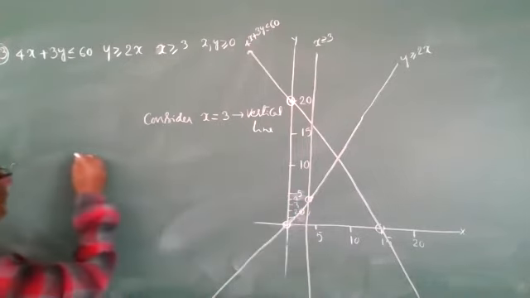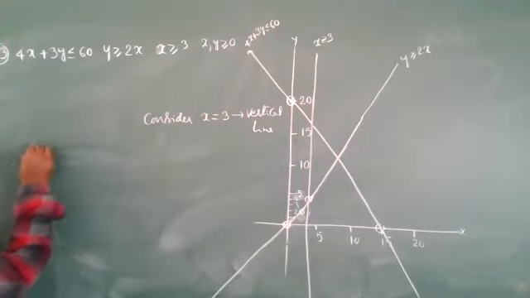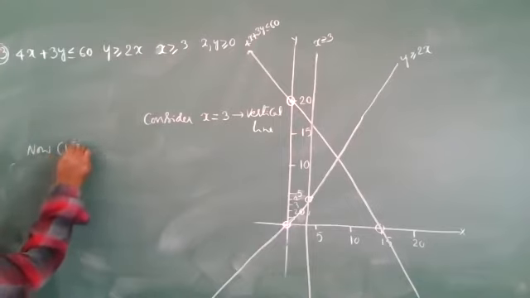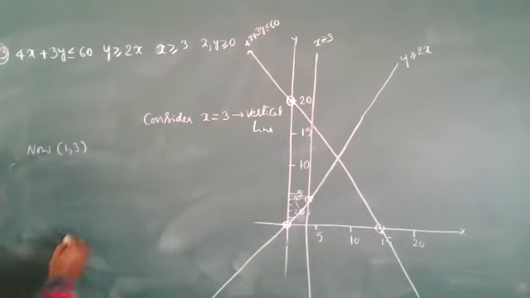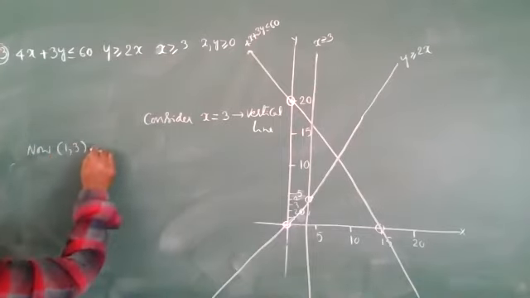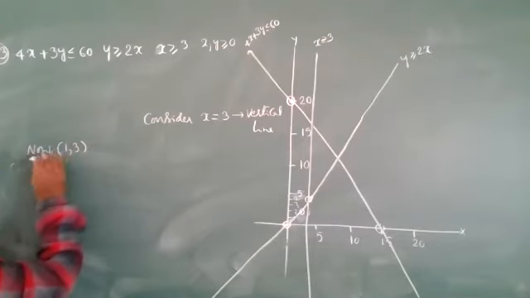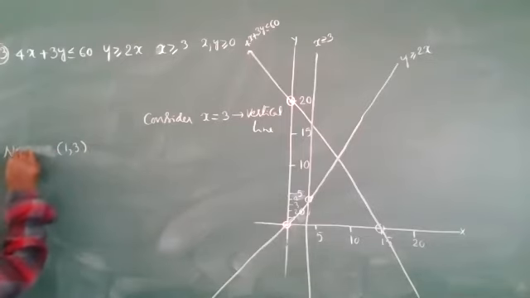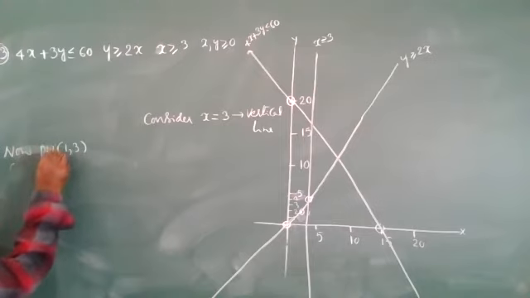So the point is 1, 3. Now put 1, 3 in the given inequalities.